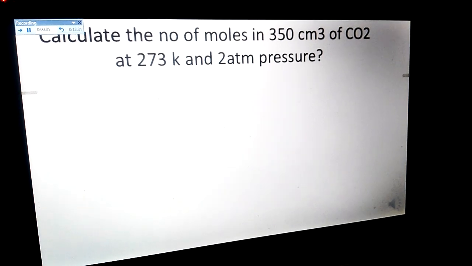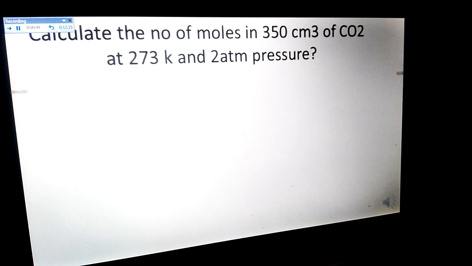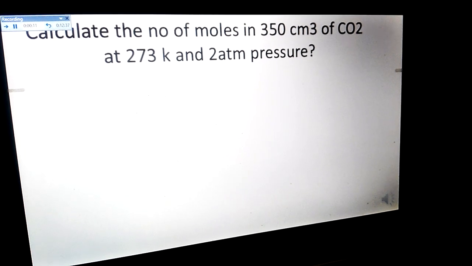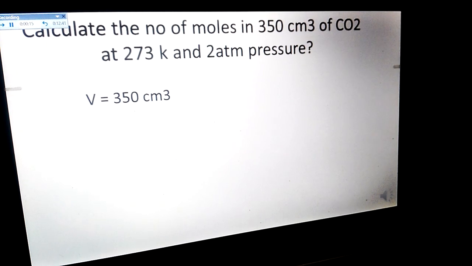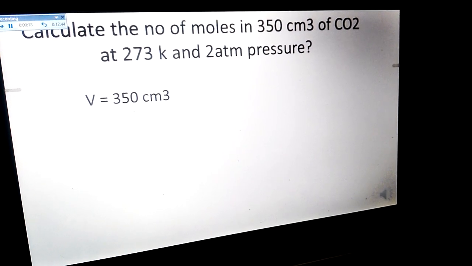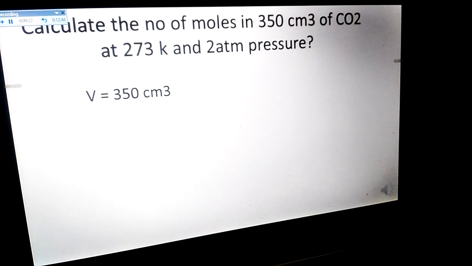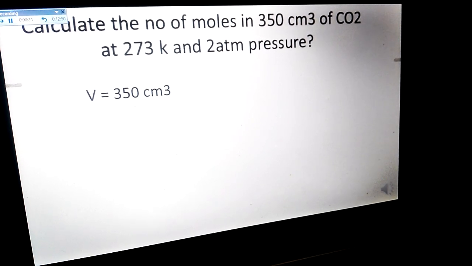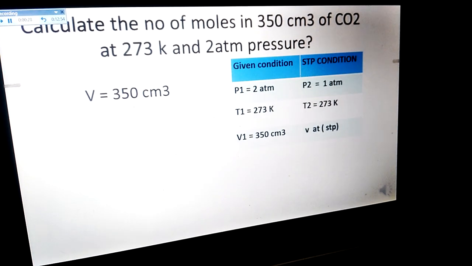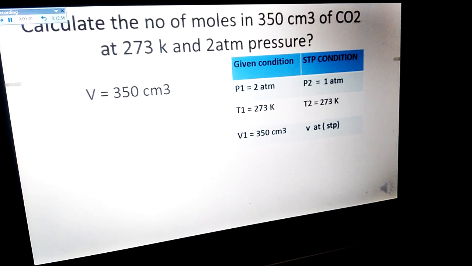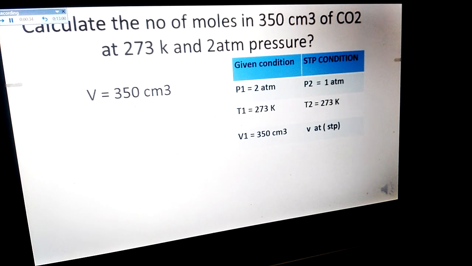Calculate the number of moles in 350 cm cube of CO2 at 273 Kelvin and 2 atmospheric pressure. So in this numerical, the condition is not at STP. So for conversion into STP condition, we use the formula P1V1 by T1 is equal to P2V2 by T2.